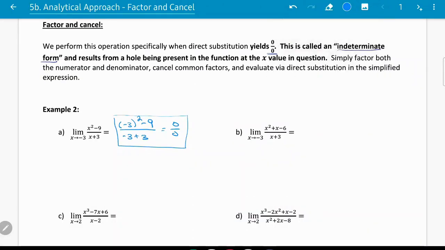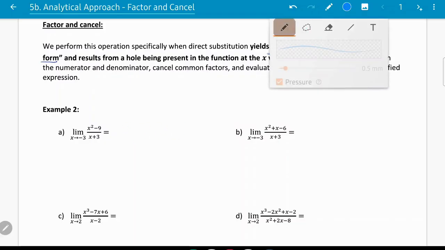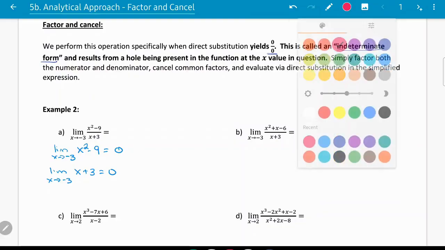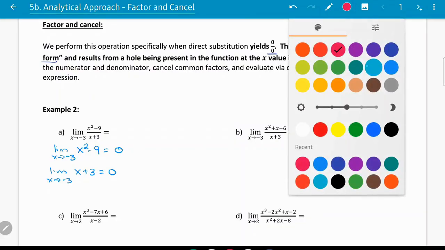But what you will be expected to do is show that your limit as x approaches -3 of x squared minus 9 equals 0, and your limit as x approaches -3 of x plus 3 equals 0. Once you have that, then you may begin to do the algebraic simplification.